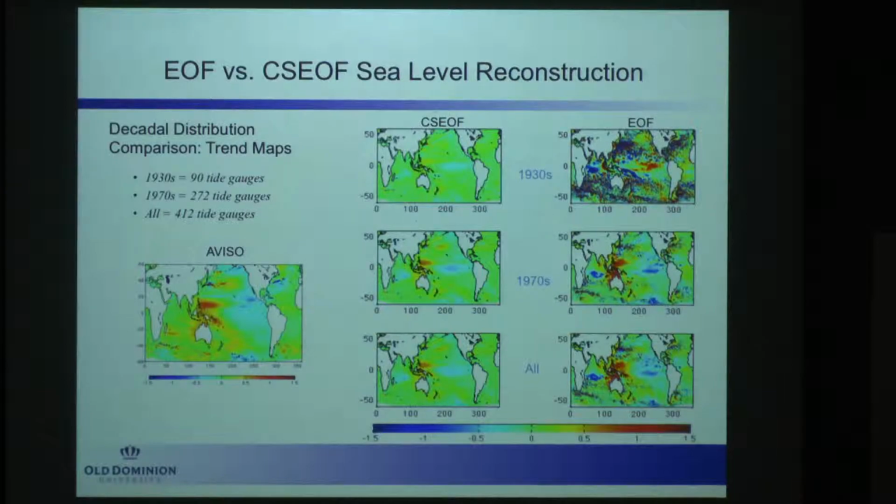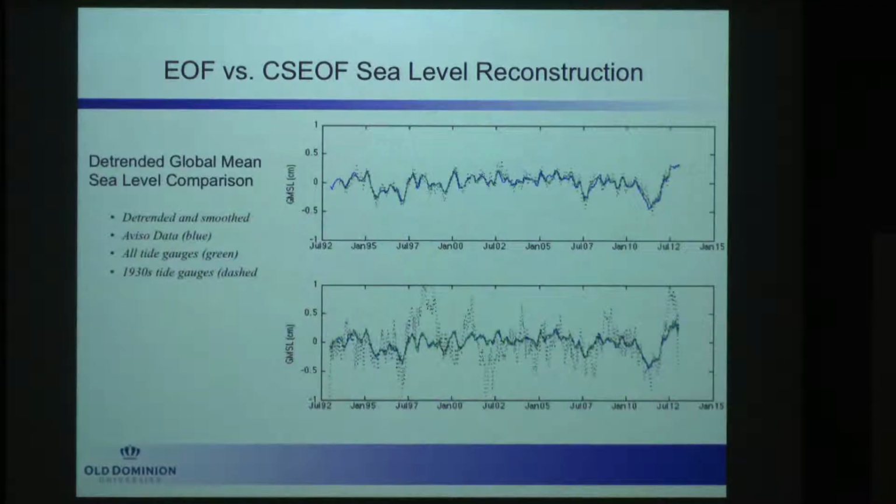He probably didn't reduce the variance the way you should have, so you end up getting a lot of overfitting in the EOFs. But with CSEOFs, you get a fairly good representation of the trend pattern, but not necessarily the magnitude. As you get into the 1970s and using all the gauges, you start to get a pretty good representation of the actual trend in altimetry, whereas you get much more noise with the EOF reconstruction.